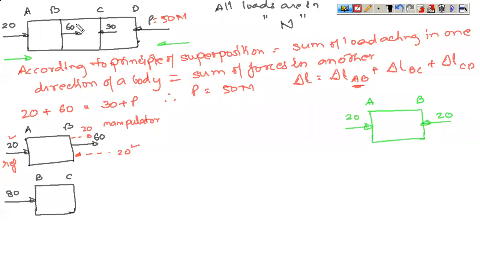So this is 80 left here. And what is acting at C? It is 30. So this is 30 here. Again, this is your reference and this is your manipulator.